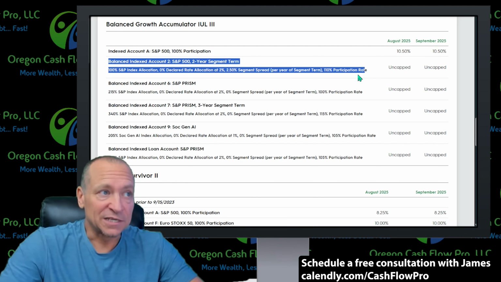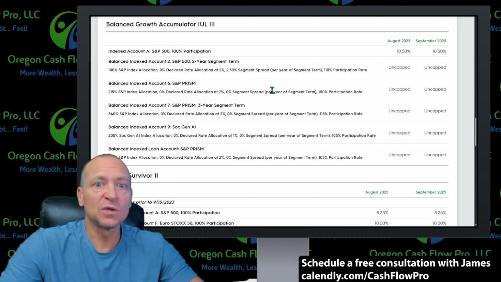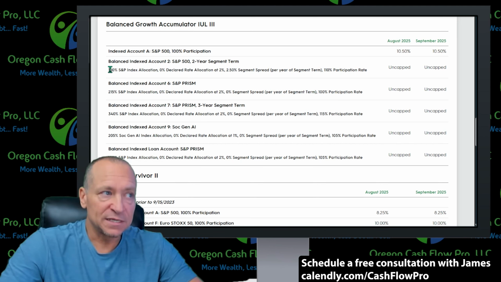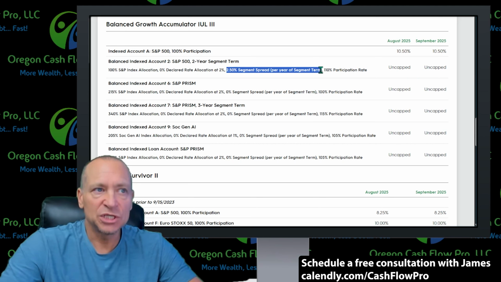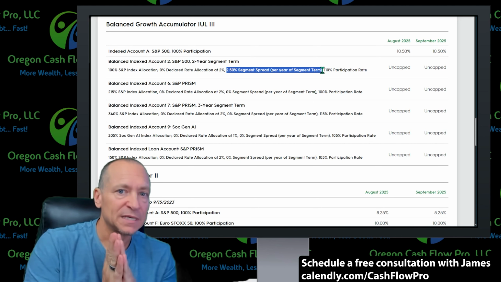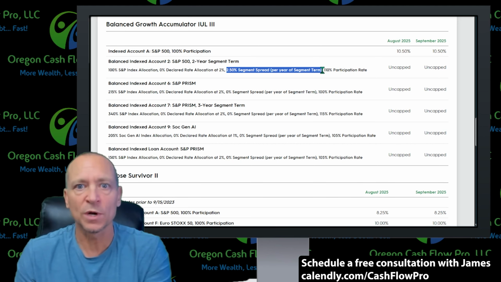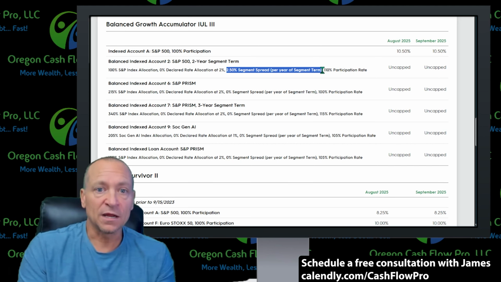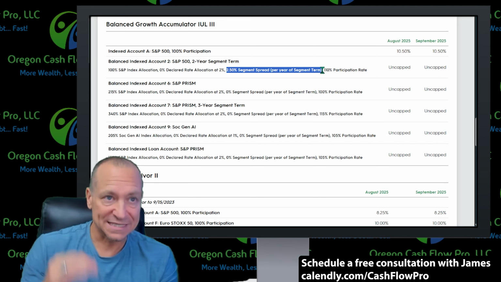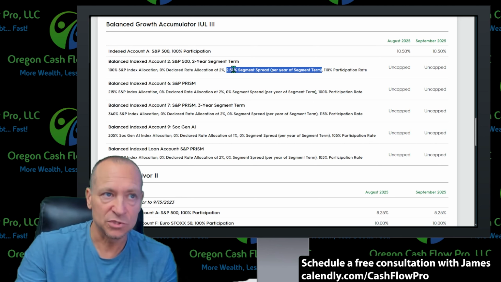This is a very attractive option here that gives you potentially way better access to the growth in the S&P 500. It's a 2-year term, 100% S&P allocation, but 110% participation rate. It is uncapped, but there is a spread each year of 2.5%. So what that means, if the S&P goes up 7.5% the first year and 20% the second year, you're going to get a credit of 5% the first year, because 7.5 minus the spread, 2.5.